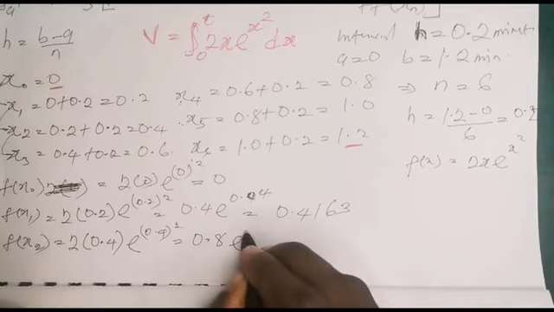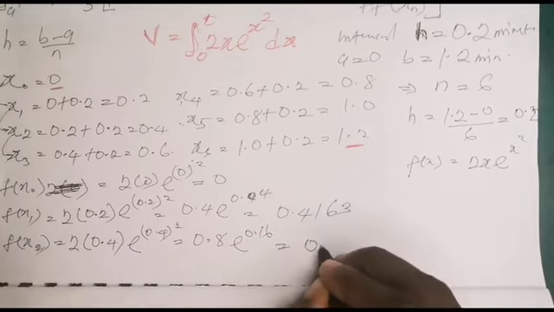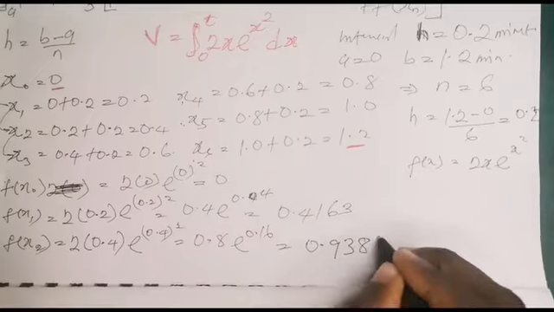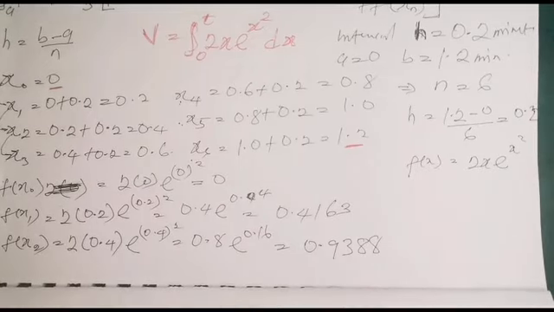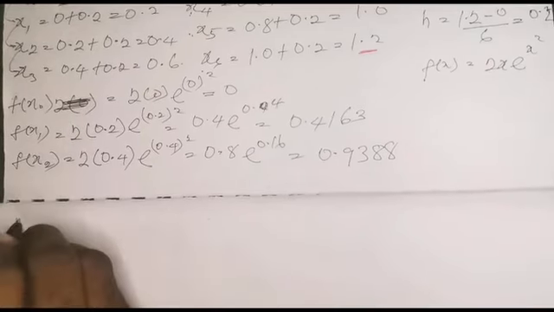So we have exponential 0.16. Let's obtain this value and see. So we have 0.8 times exponential 0.16. That simply gives us 0.9388.